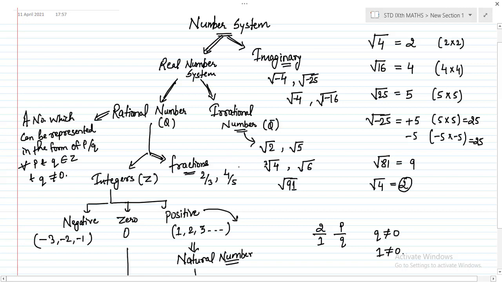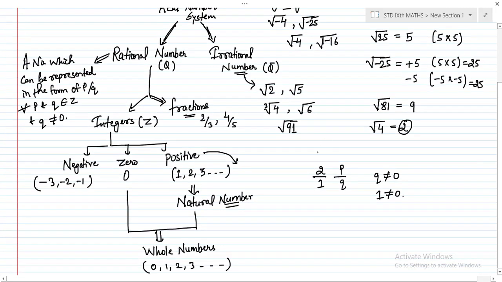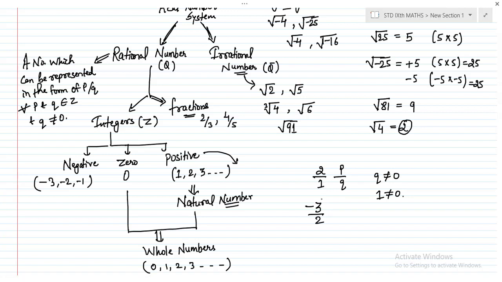Now talking about integers, the very first example of a negative integer is minus 3, which can be written as minus 3 upon 1. So here again the quantity is expressed in the form of p upon q. So we can categorize integers, whether negative, as rational numbers.